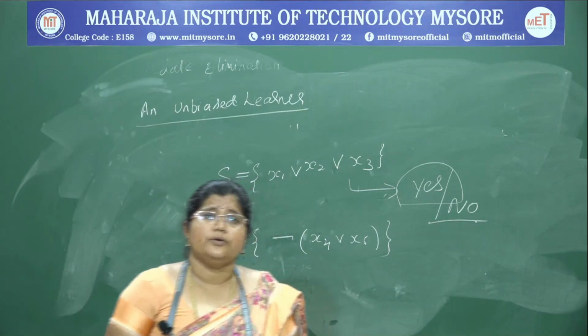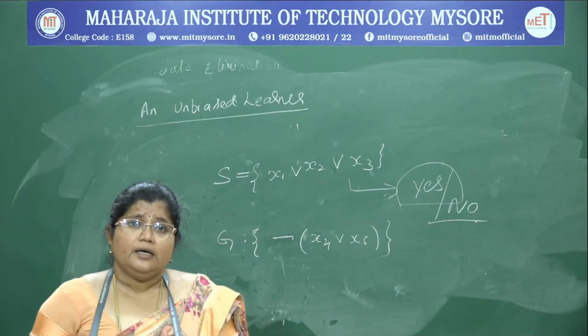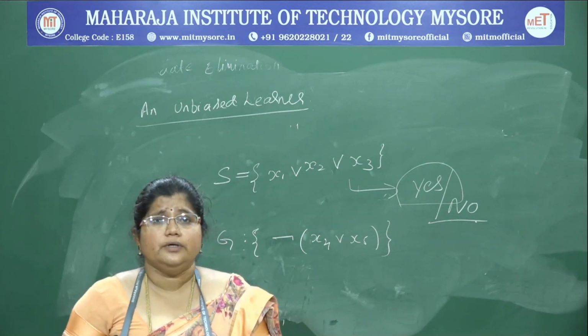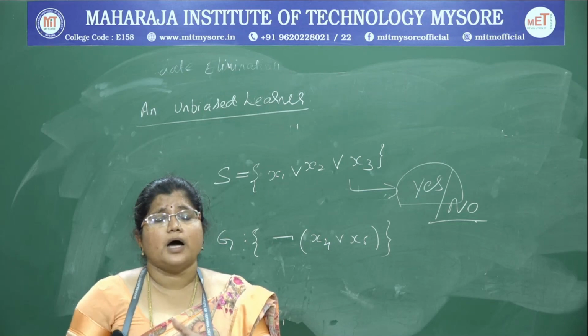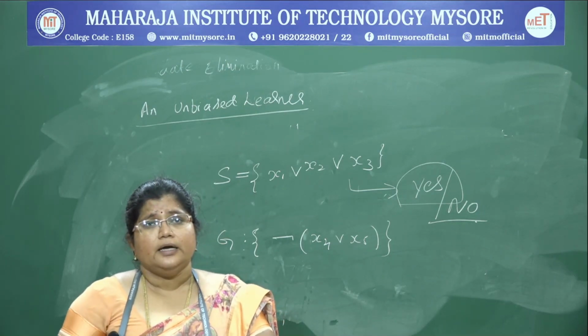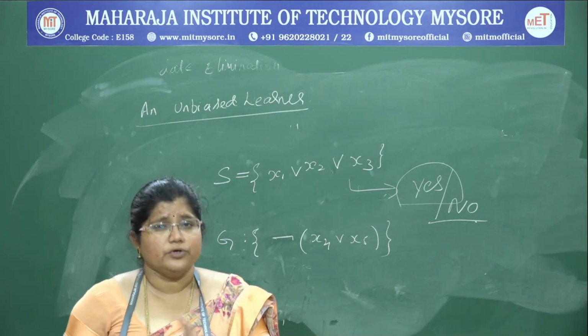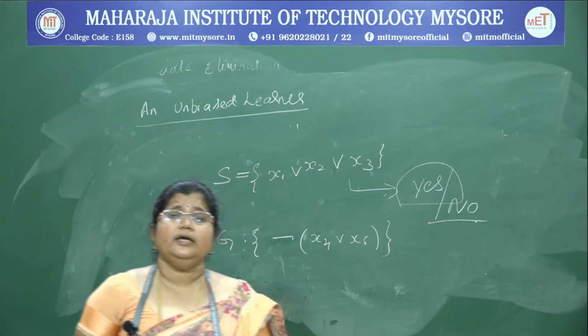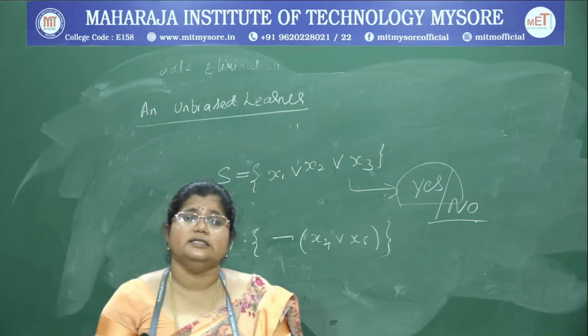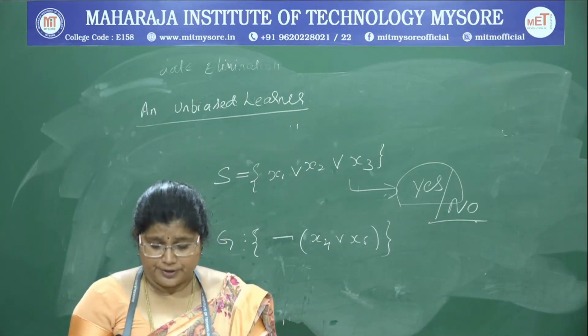That is how we predict an unobserved training example, as positive or negative. So that's all, that is how the unbiased learner performs its operation.